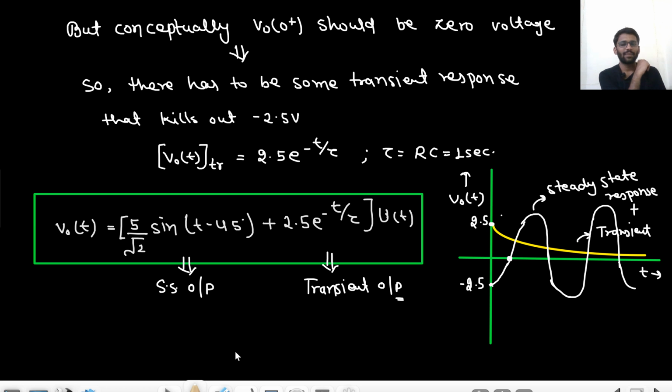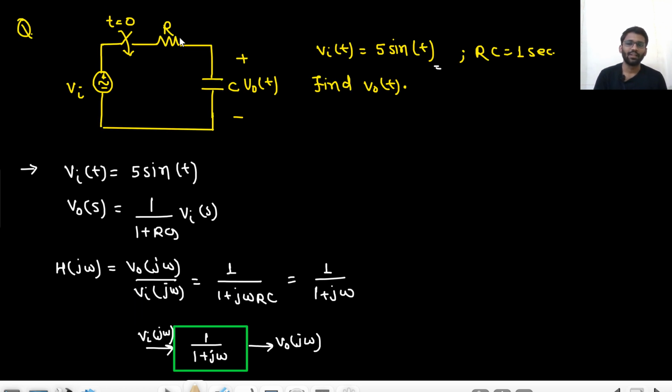Okay, and you can solve this by applying a differential equation as well. V in equals C dvc by dt into R plus Vc. What is the current? C dvc by dt, that is C dv naught by dt. So R into C dv naught by dt plus V naught t.